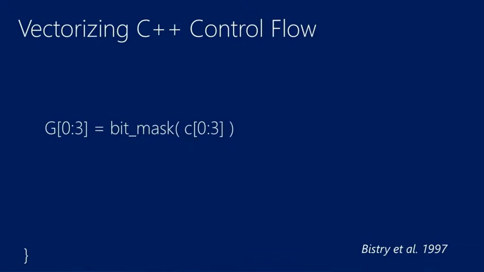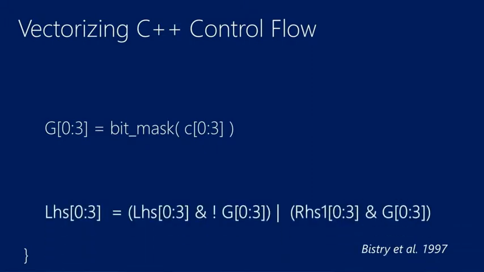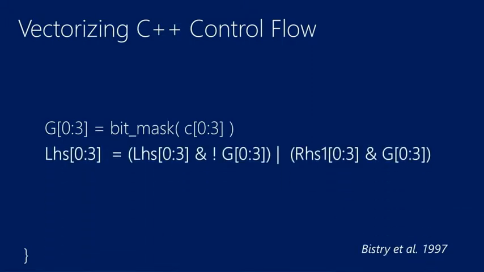So that's pseudocode for create a bit mask and put it in some register. And now what happens is the left-hand side can be created without any control flow, and let me explain why. The first part of that predicate is saying, what are the original parts of the left-hand side that I have to maintain?